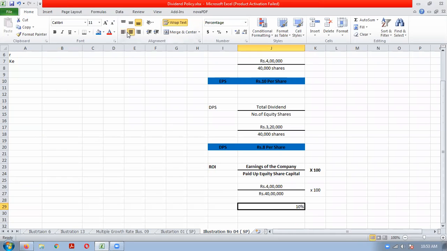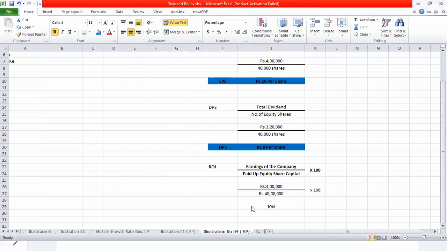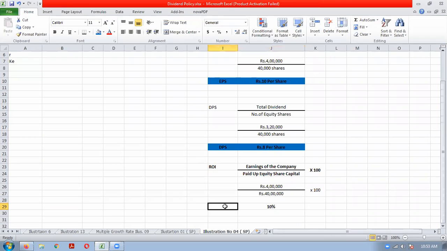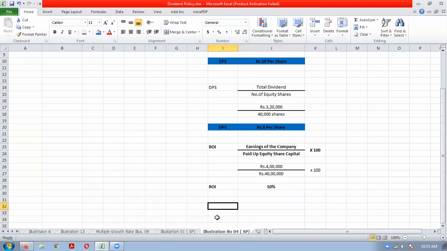For the equity shareholder, your company is earning 10 percentage. Okay, this is return on investment. Since in this case preference dividend is not there, we can directly take the earnings. This is return on investment for the equity shareholder, which will be the R. Okay, so R also we have calculated.